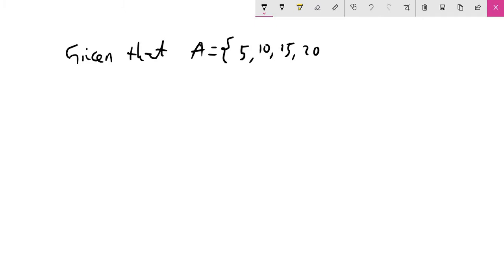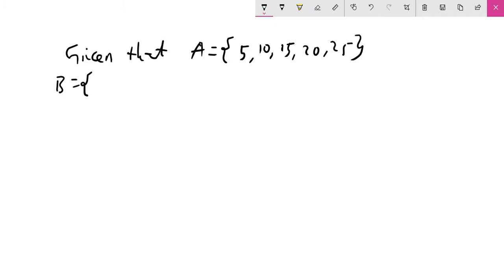Let's see more problems. Okay, so, sorry. Given that A is equal to 5, 10, 15, 20, and 25.